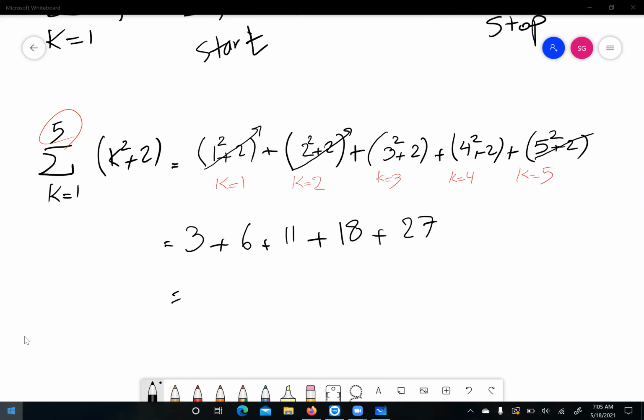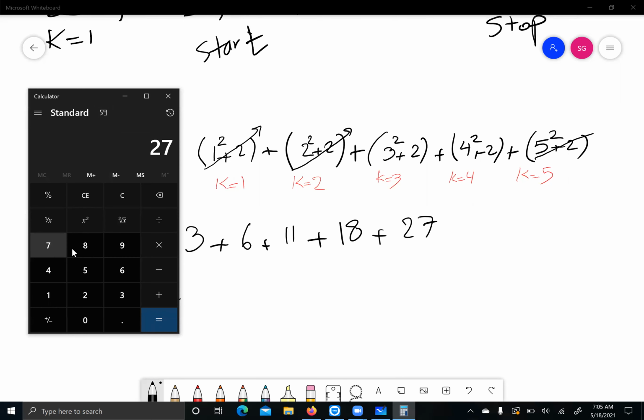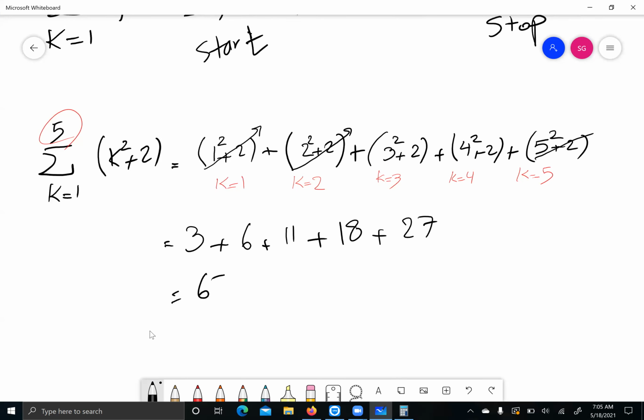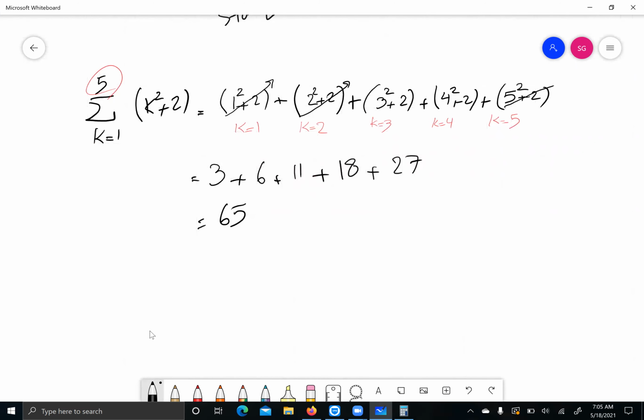So it's going to be 27 plus 18 plus 11. And 3 and 6 is 9. 65.